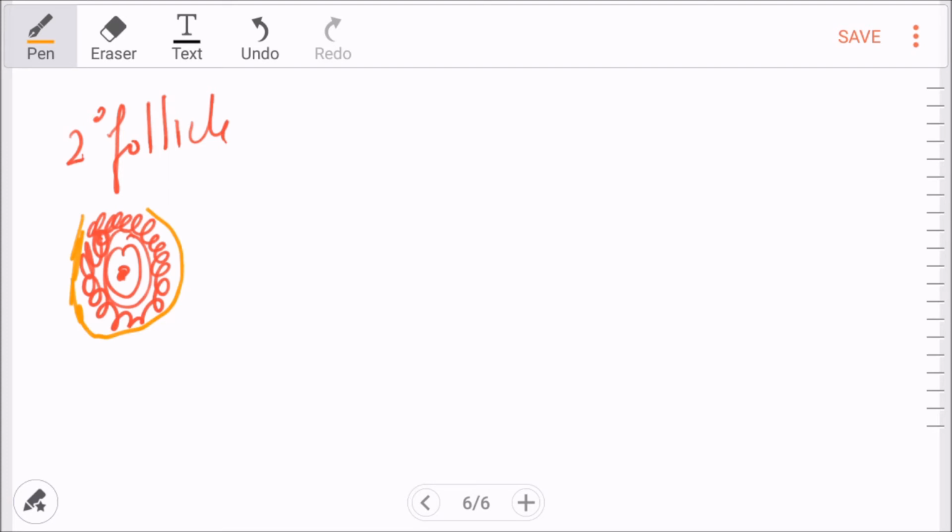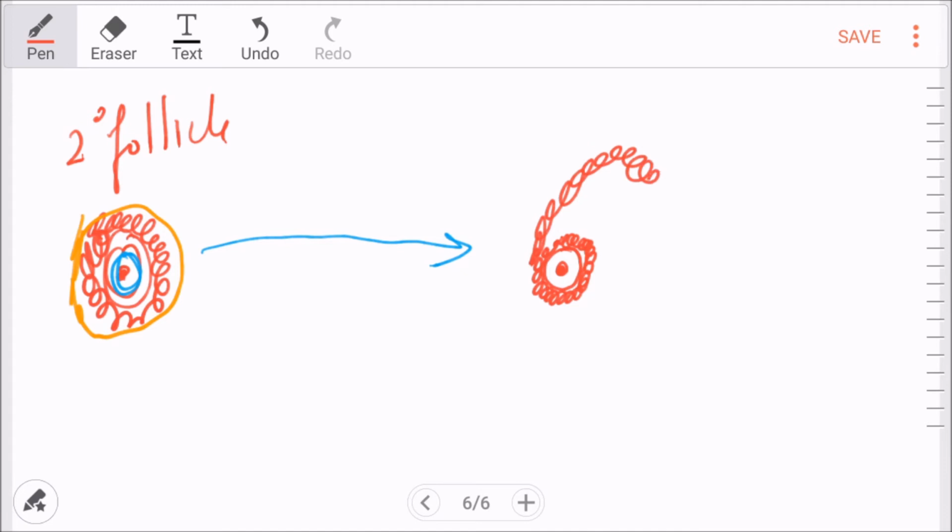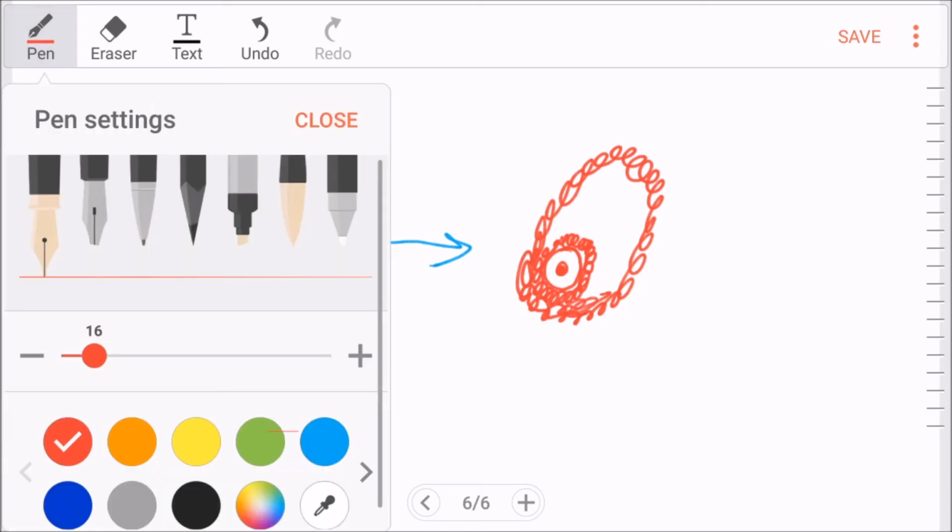This is theca cells and this will be the zona pellucida. This will get converted into Graafian follicles. In this, the main difference is the accumulation of the estrogen in the cell, due to which the granulosa cells will make a bulge like this, and the rest is the same.